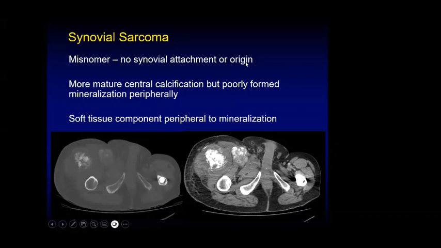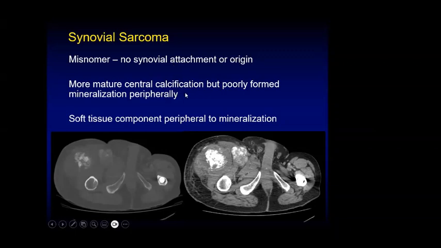There is no synovial attachment. I think the tumor was named synovial sarcoma when it was first described, and then the name was never changed. Even with reclassification of soft tissue tumors, they never changed it because it became so attached to the tumor. But you just need to remember there is no synovial attachment, there's no synovial origin.